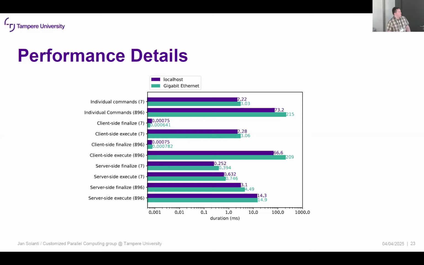So I made a more detailed breakdown of the performance measurements, and you can see sending the individual commands for a short buffer is basically almost the same performance as sending a 900 command buffer. So the overhead of sending the buffer is clearly not very problematic.